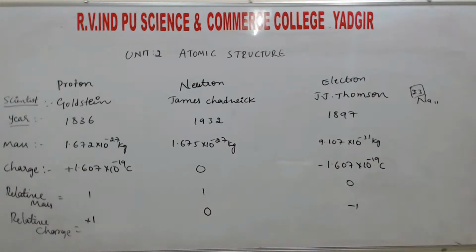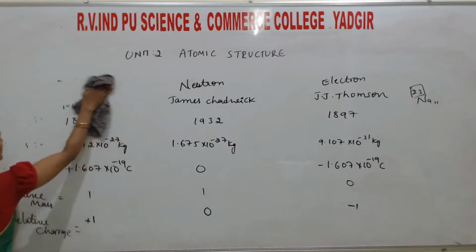These are all the subatomic particles present inside the atom. Okay. This is proton. This is neutron. This one is electron. And this is a very important thing, students. You have to remember this: who discovered, in which year, what is their mass and charge, and what is the relative mass and relative charge. Okay. So the next one is a very important thing.